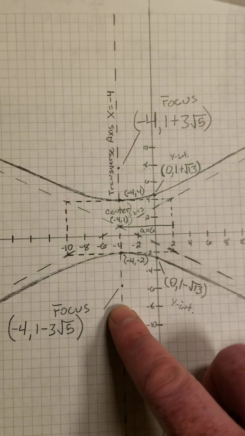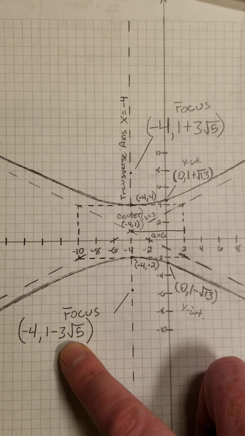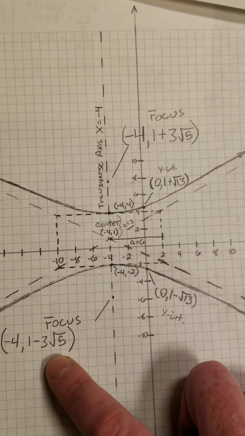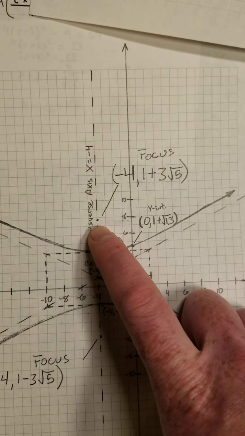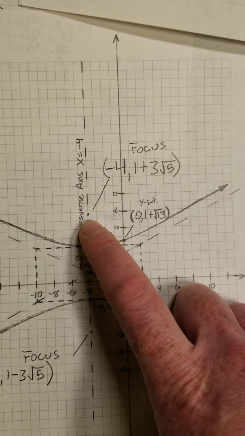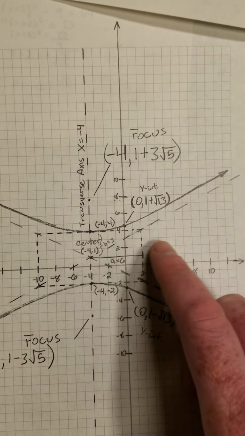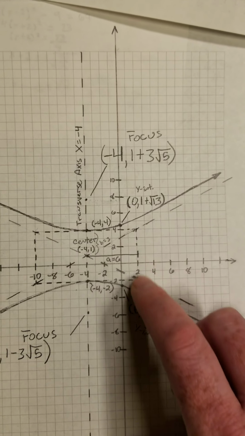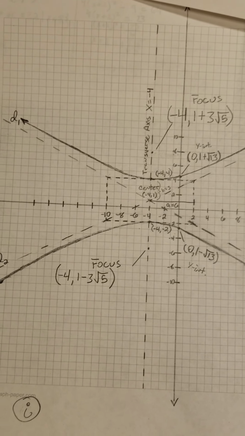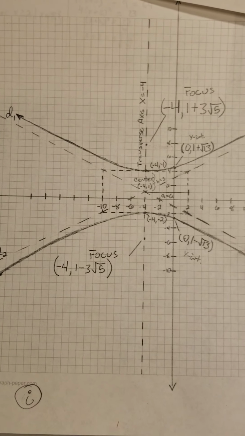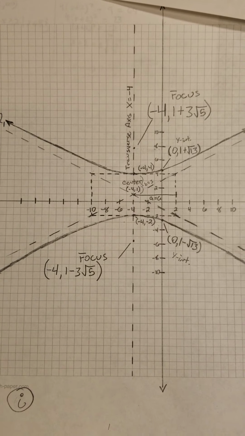We have our focus down here at (-4, 1 minus 3 root 5). Our focus up here at (-4, 1 plus 3 root 5). We have our y-intercepts plotted. And that's really all there is to it. It's that simple. And this is a vertical hyperbola.